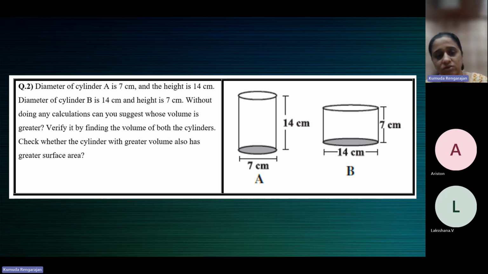Then you should work out the actual volume of the two cylinders, using the radius and height and the formula. And then you'll have to check if the cylinder with the greater volume also has greater surface area, which means you'll have to find the volume and the surface area of both the cylinders and compare.